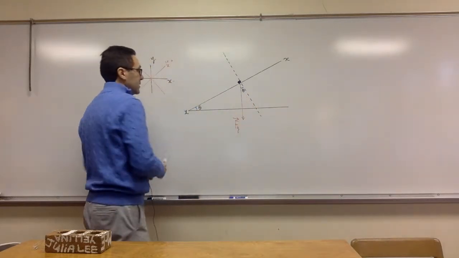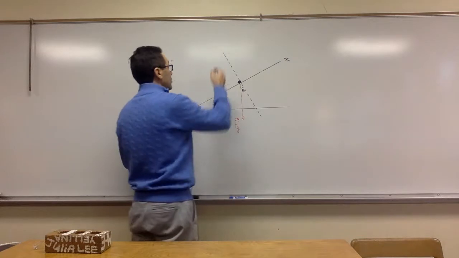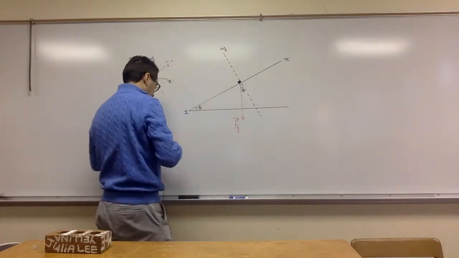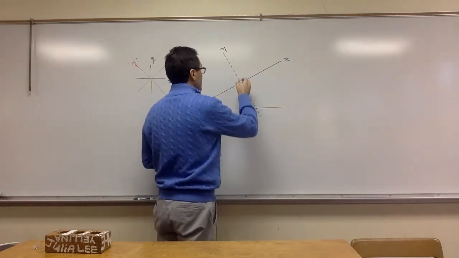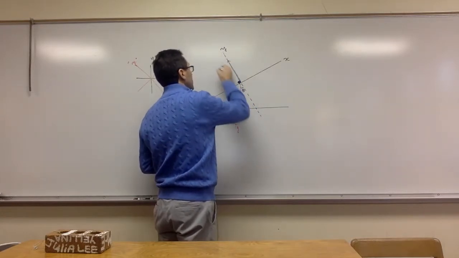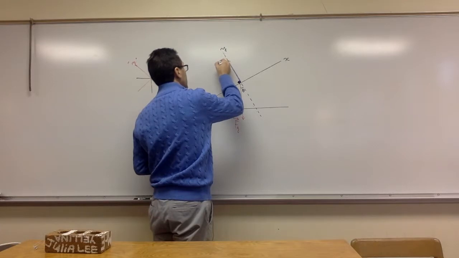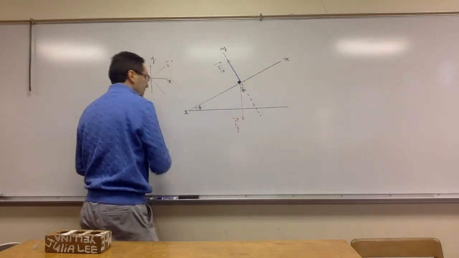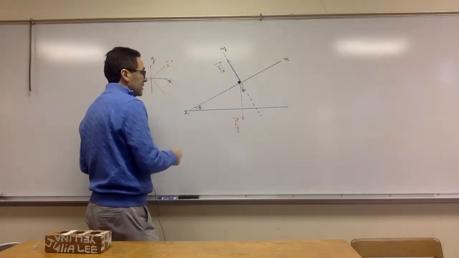Now, any force that's not acting in the x or the y direction has to be resolved. All right, so for now, we should have a normal force that's always perpendicular to the ramp. Now I'm going to take this Fg and split it.